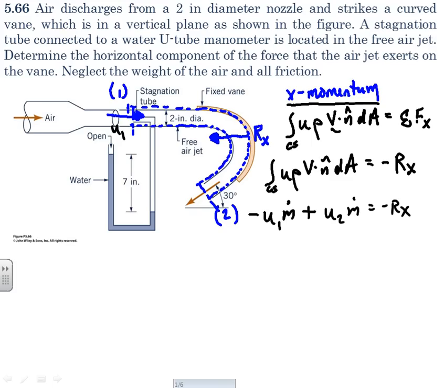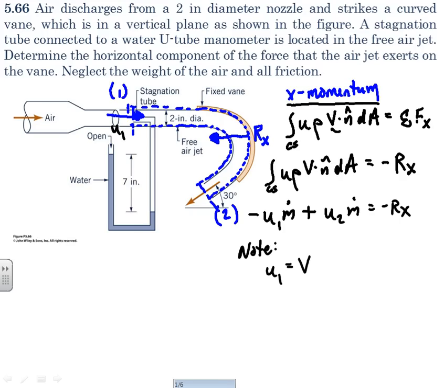Okay, so we should note a couple of things. Let's note that our velocity at 1 is purely in the horizontal direction, or the x direction. So I can say that u1 is just going to equal V. Now, I also know that the area of that jet isn't changing.